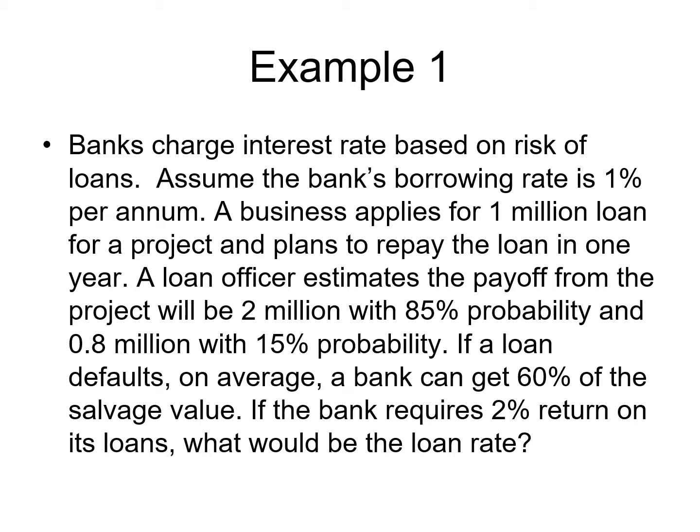A loan officer estimates the payoff from the project will be 2 million with 85% probability and 0.8 million with 15% probability. If a loan defaults, on average, a bank can get 60% of the salvage value. If the bank requires 2% return on its loan, what would be the loan rate?